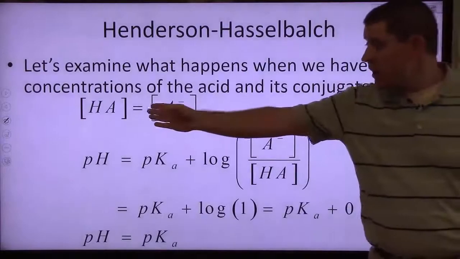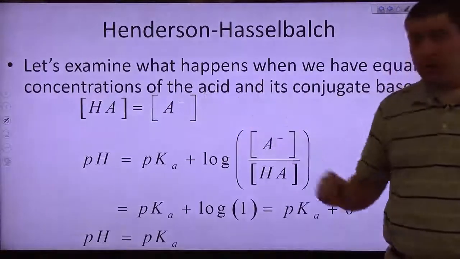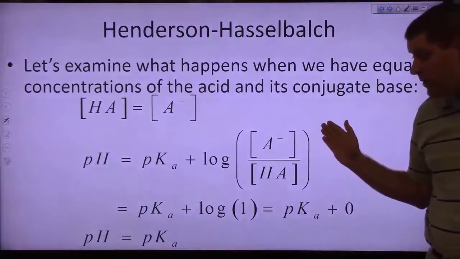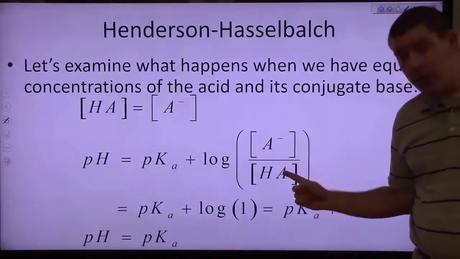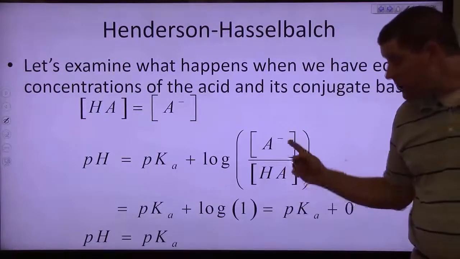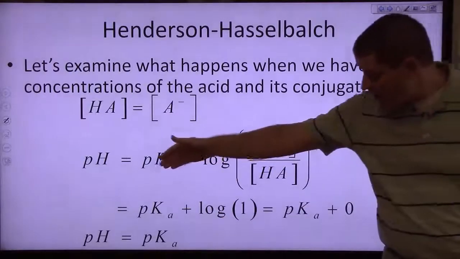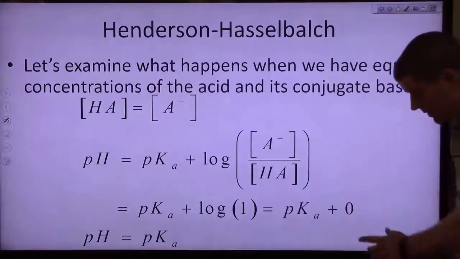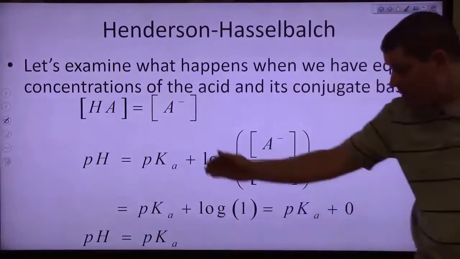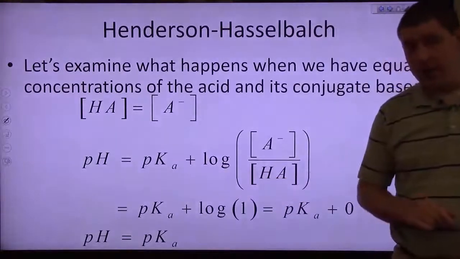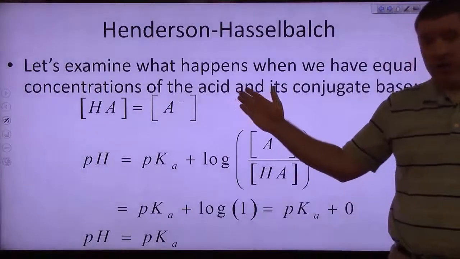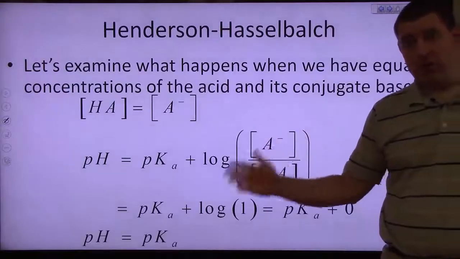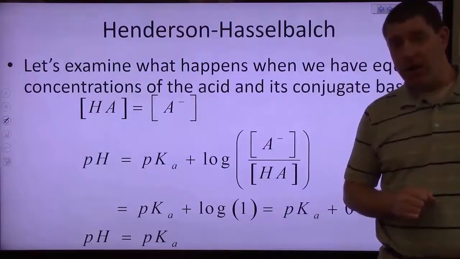Well, we know that the concentration of HA must be equal to the concentration of A-, and that means that in our Henderson-Hasselbalch equation, this ratio must be equal to 1 because those values are equal to each other. So now we have pH is equal to pKa plus log base 10 of 1. Well, log base 10 of 1 is 0, and that means that pH is equal to pKa. So if we have equal concentrations of our acid and our base, the pH of our buffer is going to be equal to the pKa of our acid.